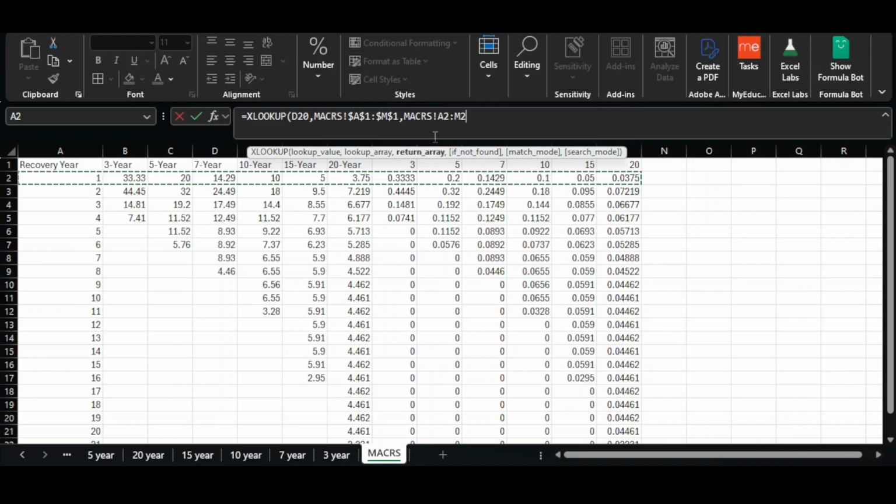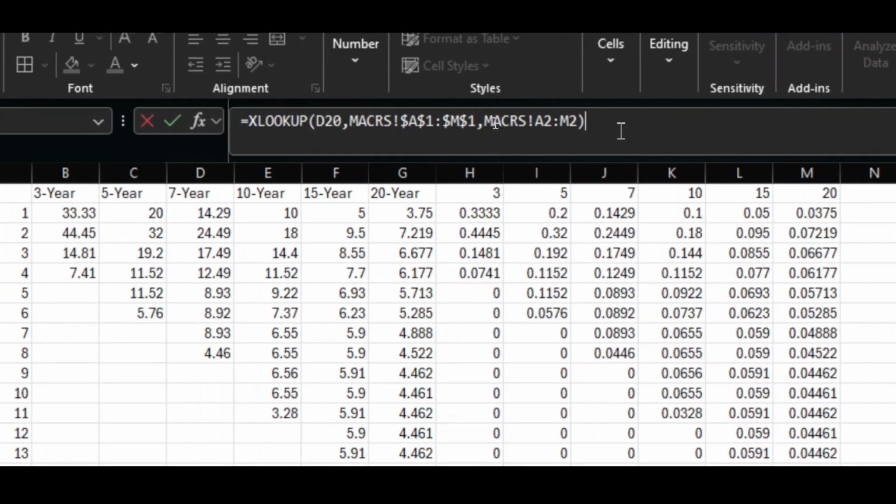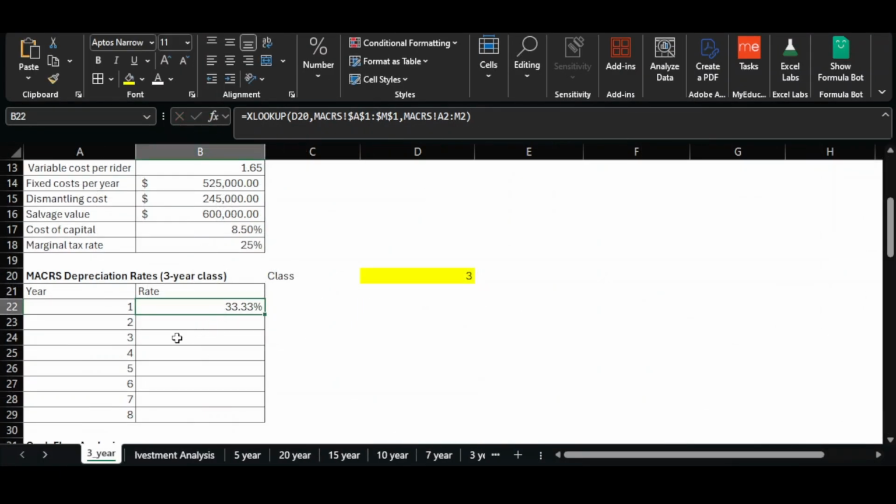This should suffice, and you now must close your formula with a close parenthesis. If I hit enter on my keyboard, now back in the 3-year, the duplicate of investment analysis has been modified with a dynamic value called 33.33%.